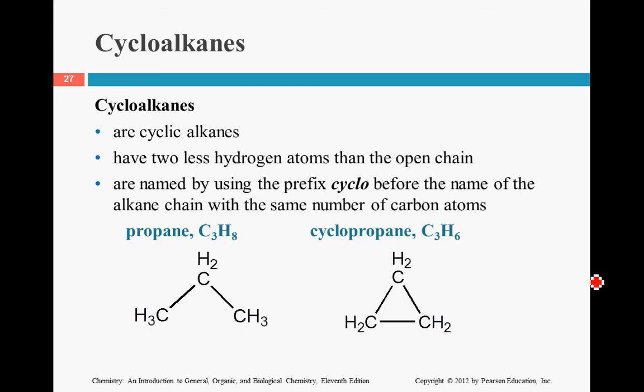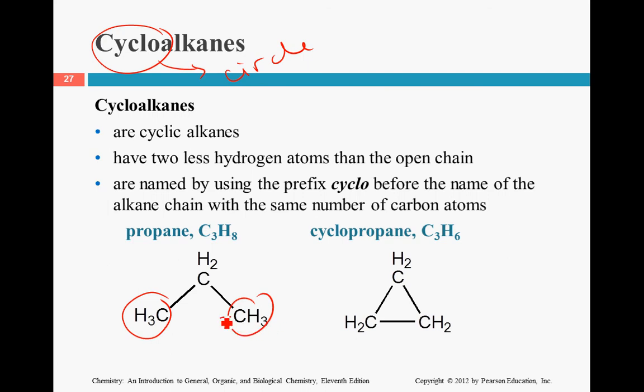Finally, we're going to talk about cyclohexane, cycloalkanes. Cyclo means that they're all linked up kind of like a circle. That's what it reminds me of, even though that's not necessarily true. So this carbon here for propane has 3 hydrogens. This carbon has 3 hydrogens.